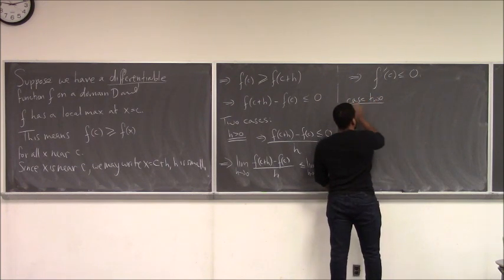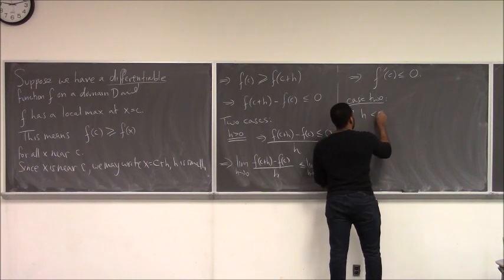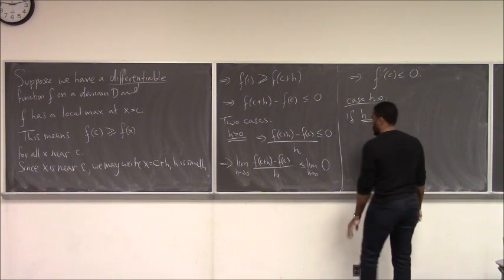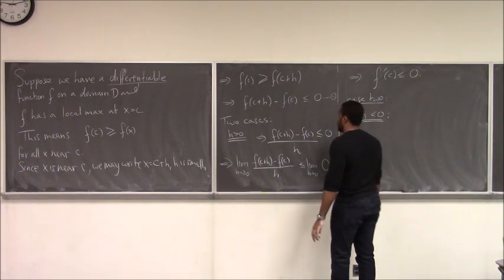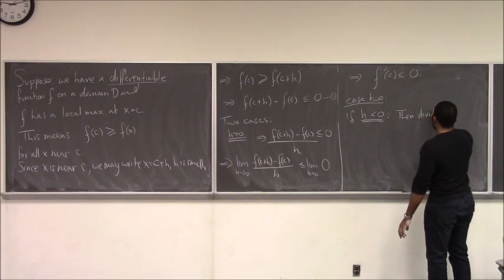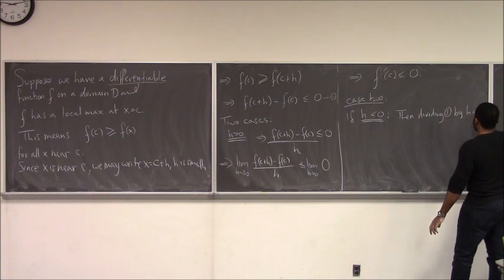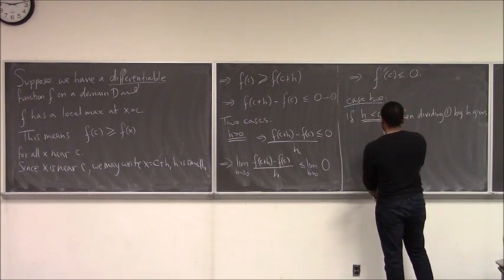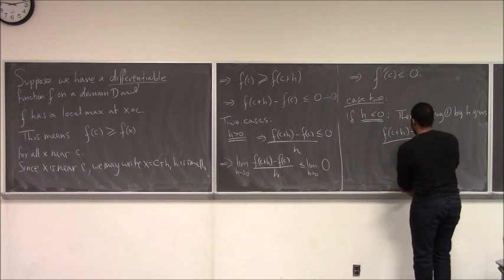Case 2. If your h is less than 0, then dividing by h gives f(c plus h) minus f(c) all over h.